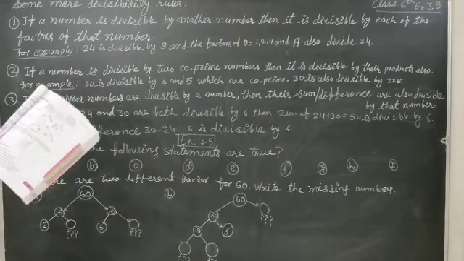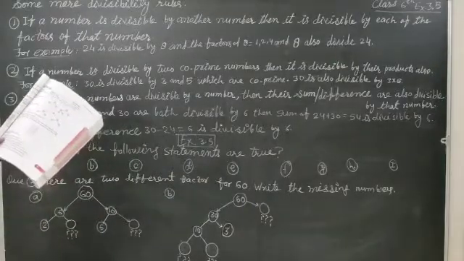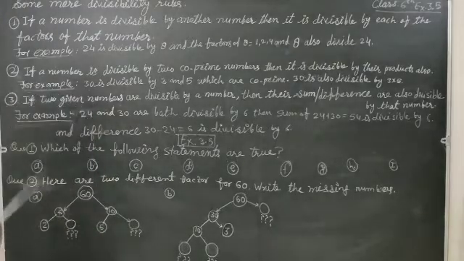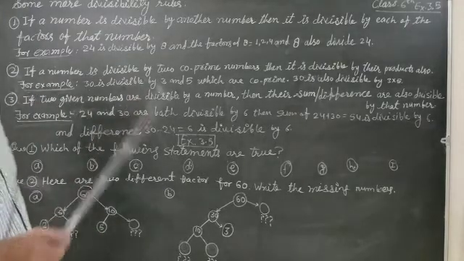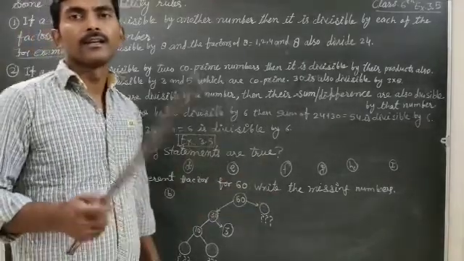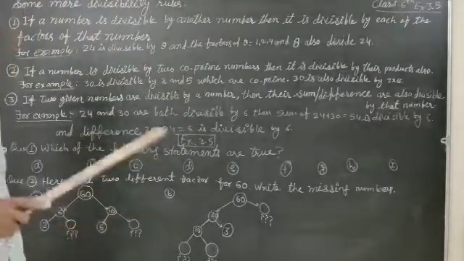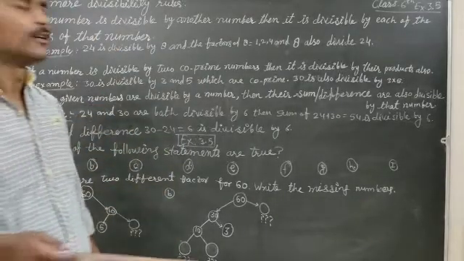First, A. If a number is divisible by 3, it must be divisible by 9. कोई भी नंबर 3 से डिविजिबल है, according to the question, it must be divisible by 9. No, it is not necessary.